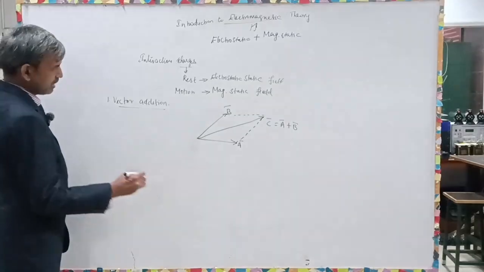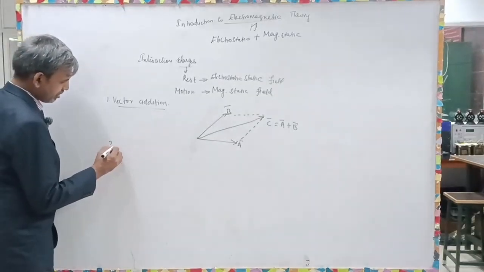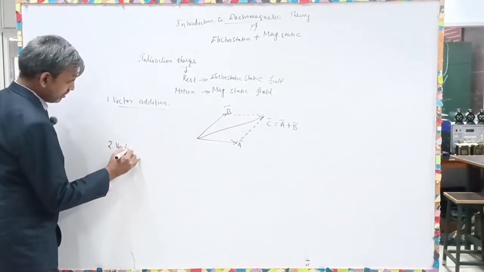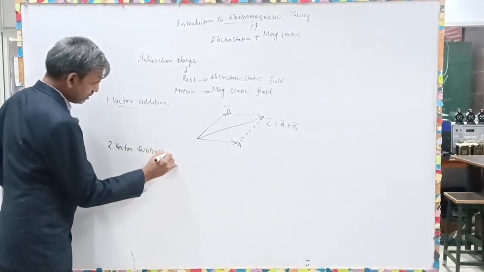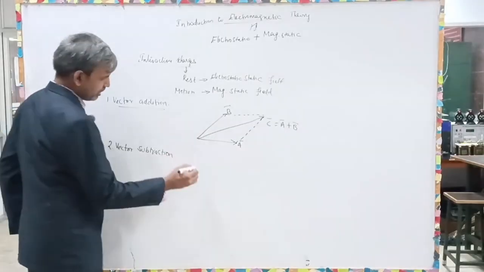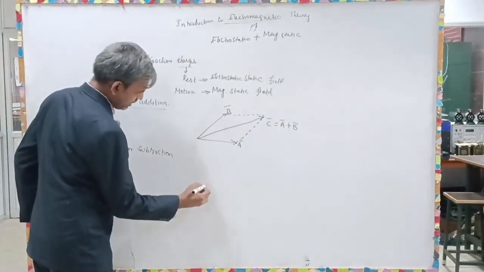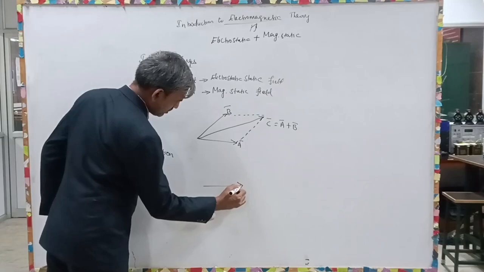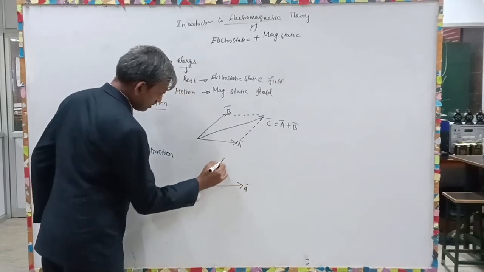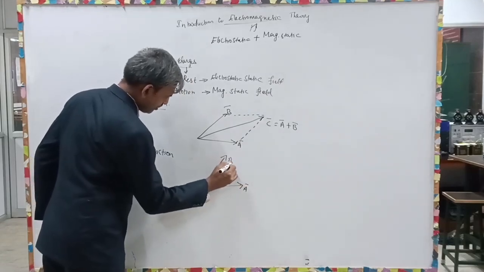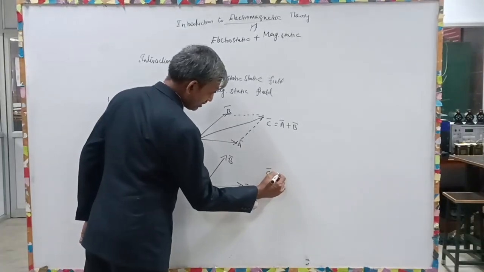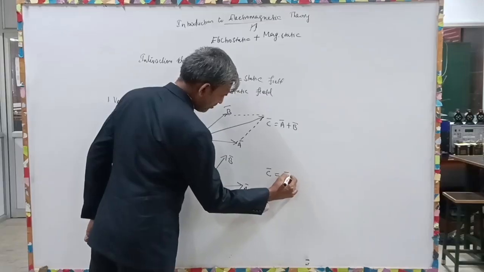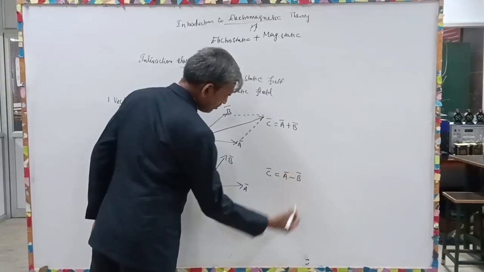Okay. The second one is vector subtraction. Again we consider the same two vectors, A vector and B vector. We are going to perform C vector equals A vector minus B vector.